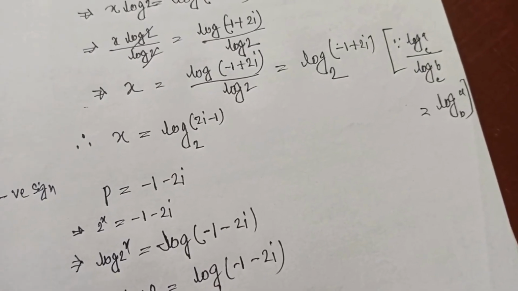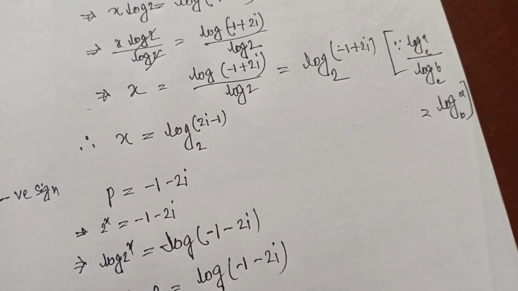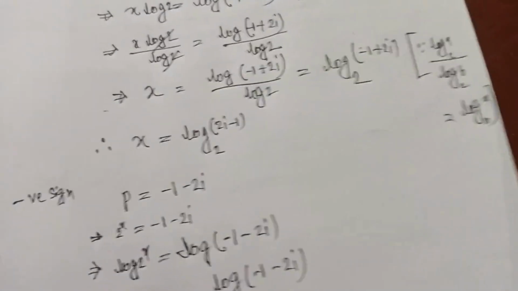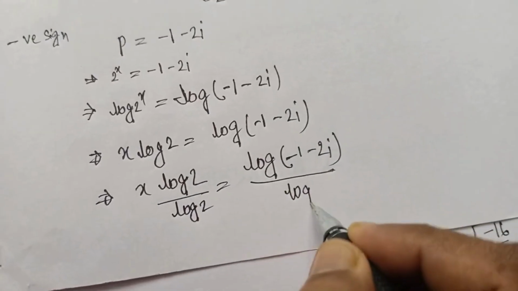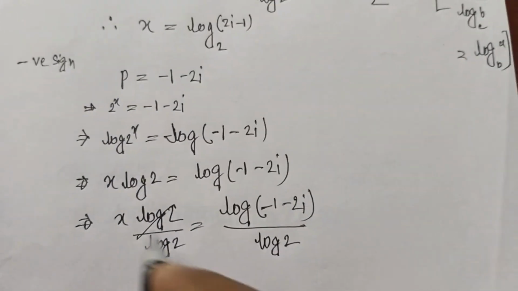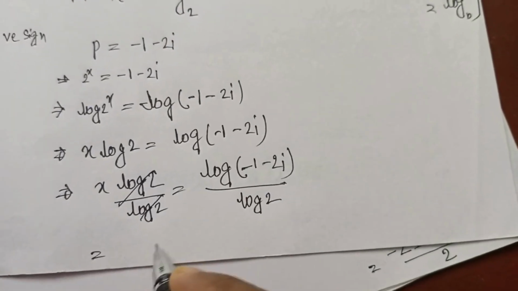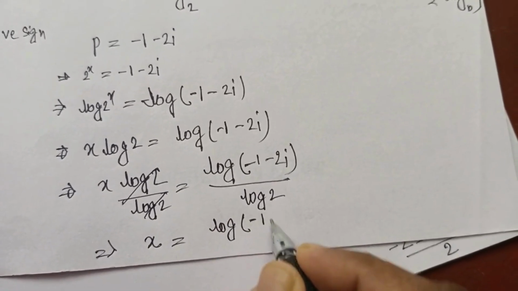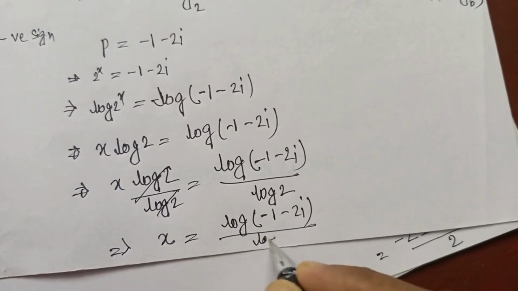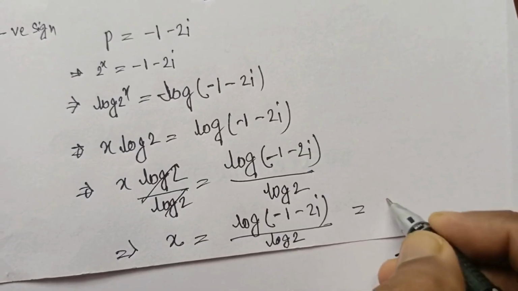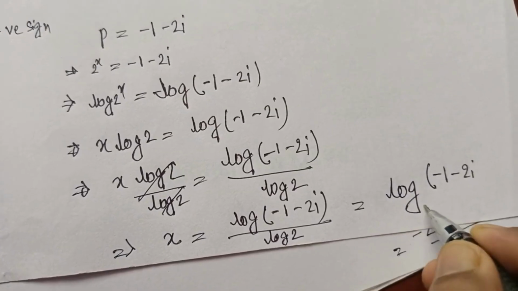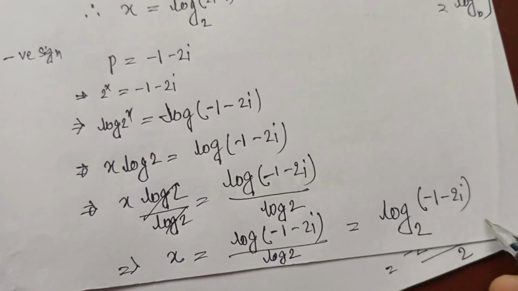If we divide by log 2 on both sides and cancel it out, x is equal to log of minus 1 minus 2i by log 2, again log of minus 1 minus 2i base 2. This is the third answer.